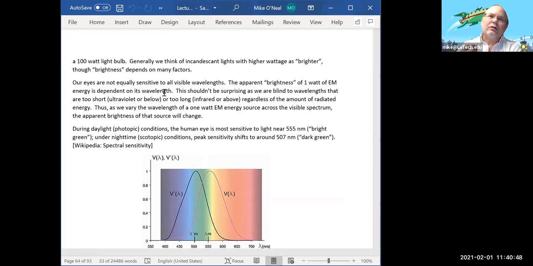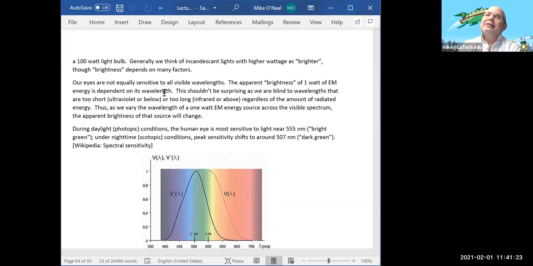It takes more electromagnetic energy at the frequency of red, the wavelength of red, to generate a level of perceived brightness than it does under exactly the same conditions for green. In other words, you're more sensitive to green than you are to red.